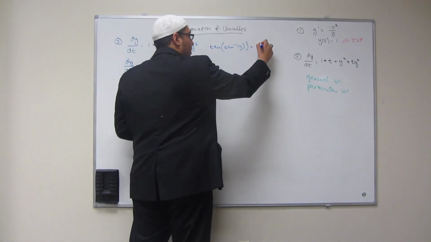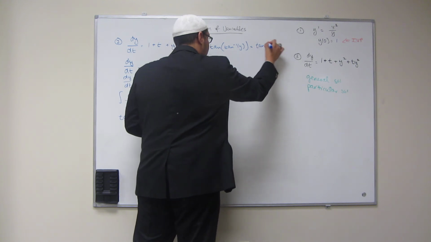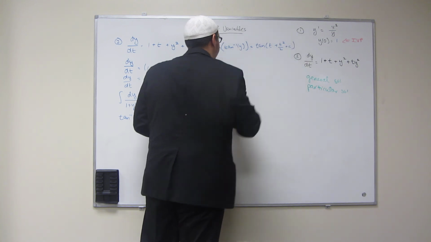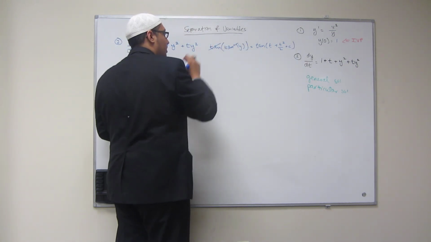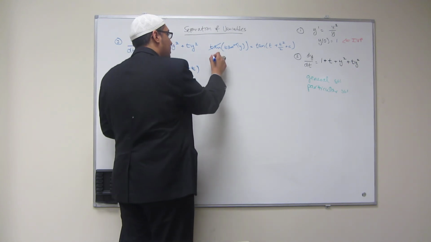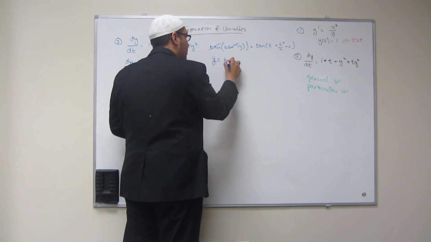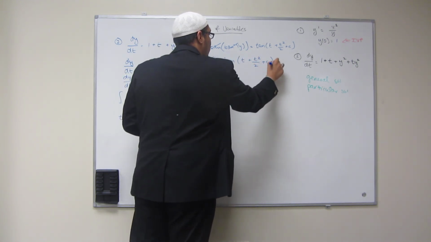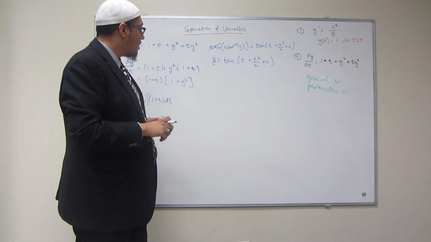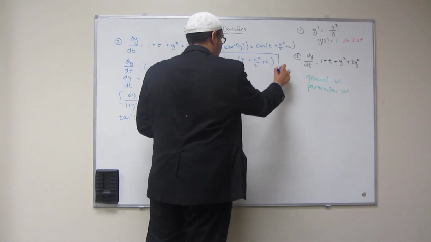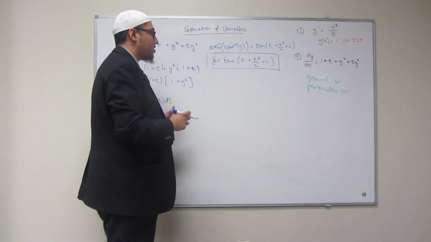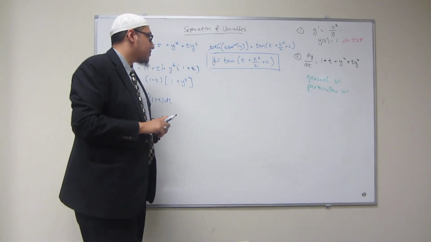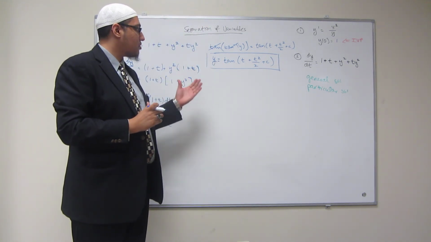What you do on one side, you do to the other. So you have the tangent of t plus t squared over 2 plus c. This and this would go away, thus coming up with y is equal to tangent of t plus t squared over 2 plus c. Now, this is your simplified general solution. This problem does not have an initial value condition, therefore we'll stick with this. Now that is separation of variables in a nutshell.